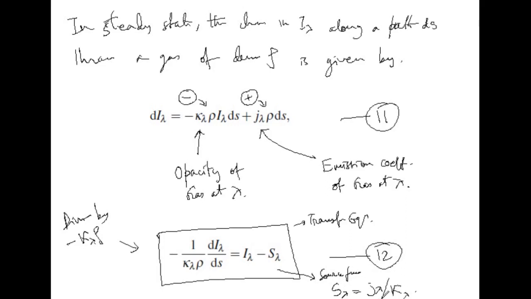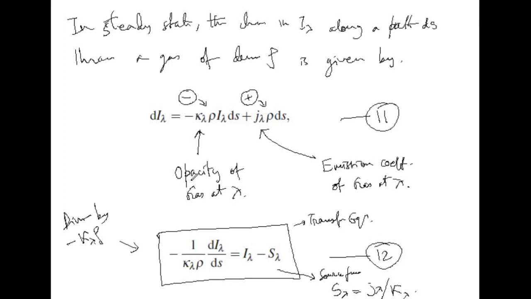So it is basically the ratio of emission to absorption coefficients and is a measure of how rapidly the photons in the beam are removed and replaced by photons in the local vicinity.